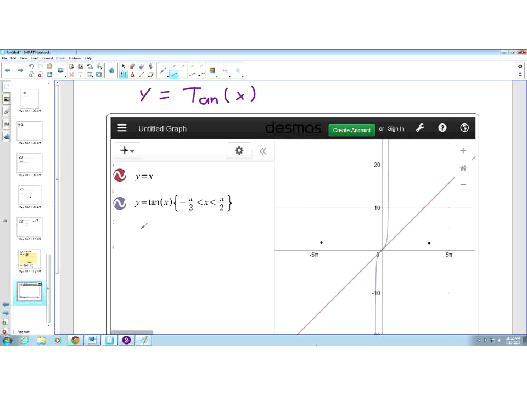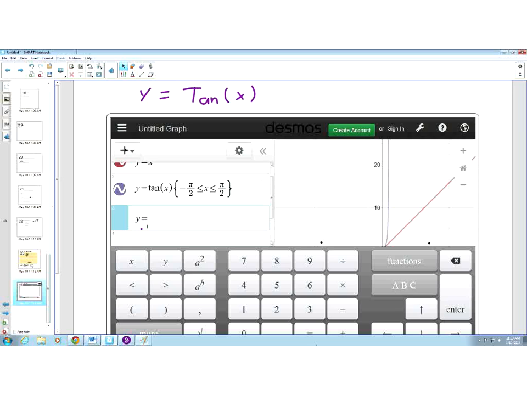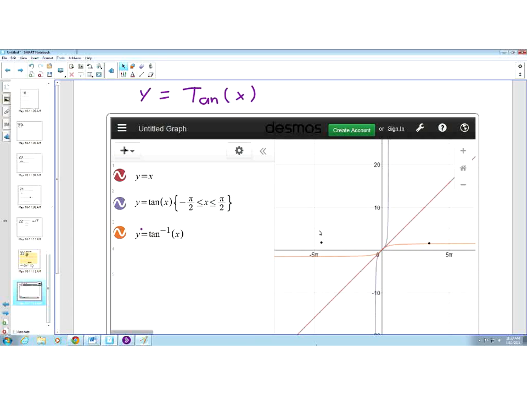So next graph would be inverse tan. So y is equal to tan inverse of x. Okay, that will be shown in yellow. And you can tell that the purple and yellow curves are symmetric about the line y equals x.